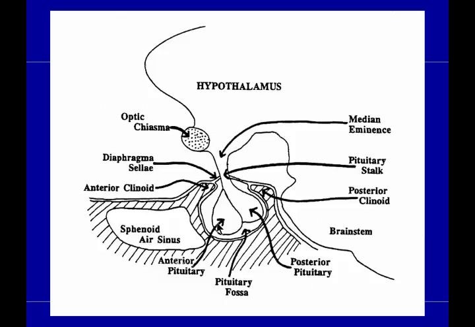The medial and lateral walls of the sella turcica are simply dura, and therefore there's no separation from the cavernous sinus, which is on either side, and we'll see this in more coronal views in a minute.